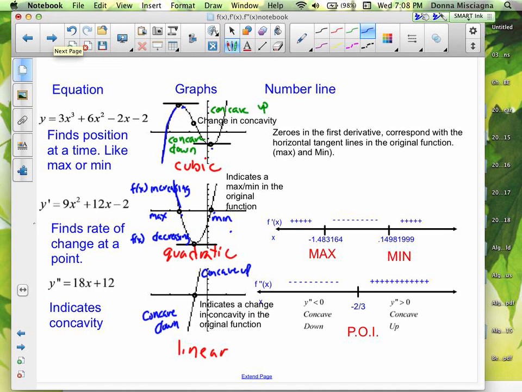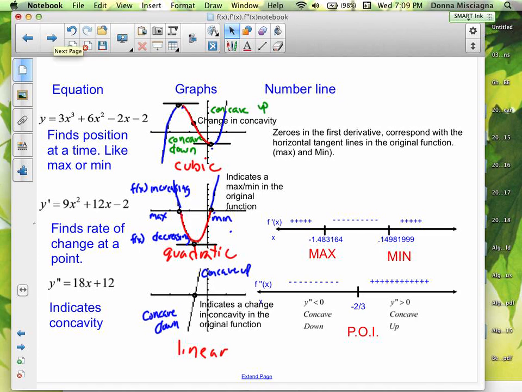But wherever the function is increasing corresponds to where our first derivative is positive. Likewise, we're also increasing right here, so our first derivative is positive over there as well. But in between, from here to here, our function is decreasing. That corresponds with where our first derivative is below the x-axis, where it's negative.